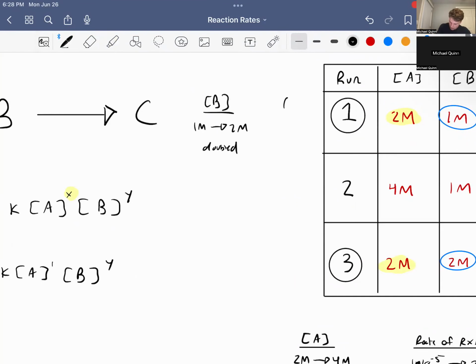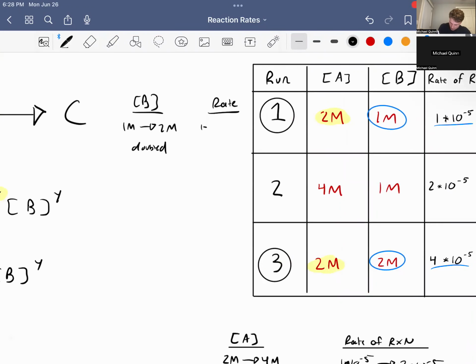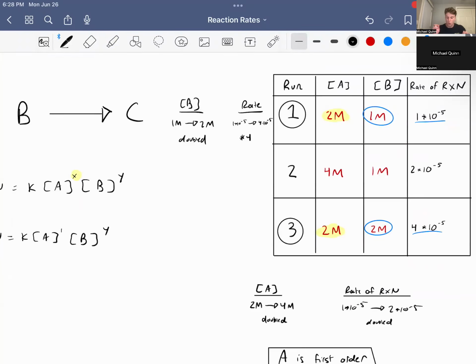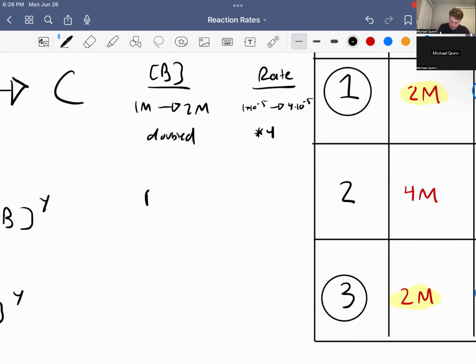And the rate went from 1 times 10 to the negative 5th to 4 times 10 to the negative 5th. And this was multiplied by a factor of 4. So what we would do is call B second order.